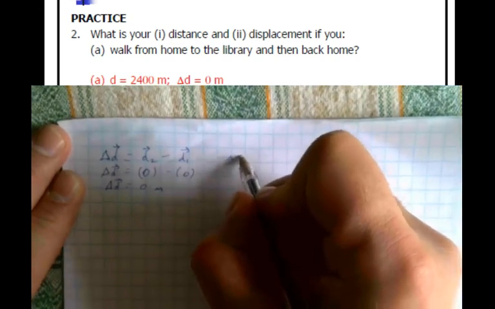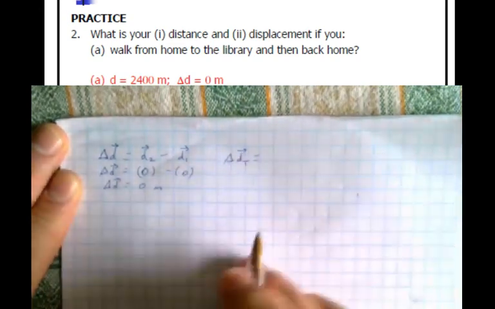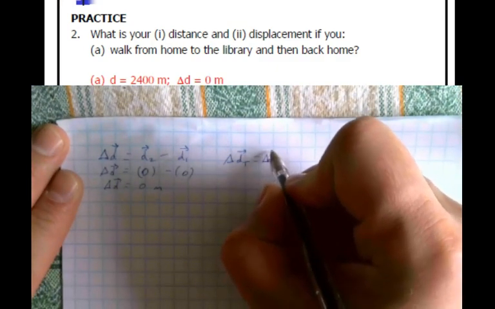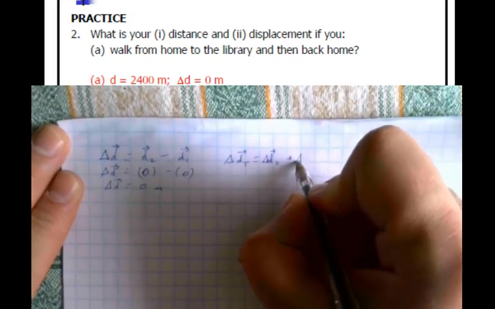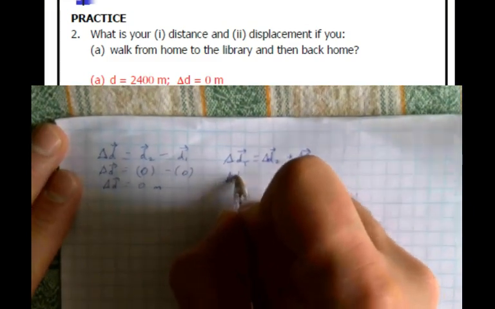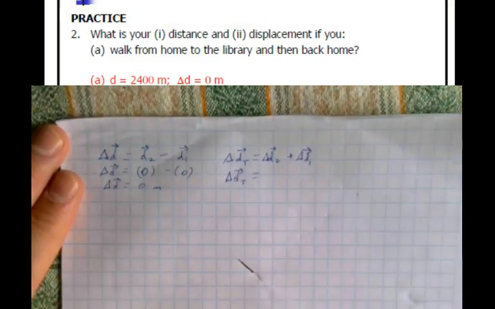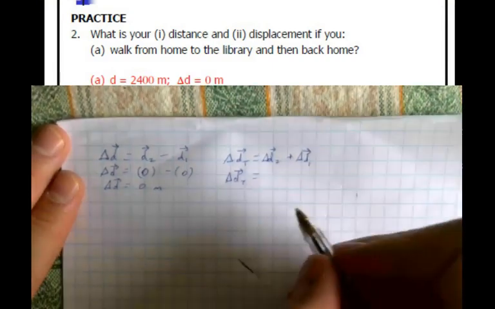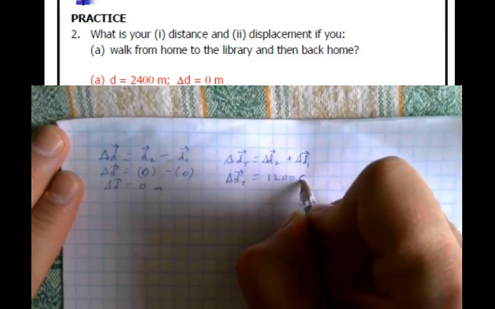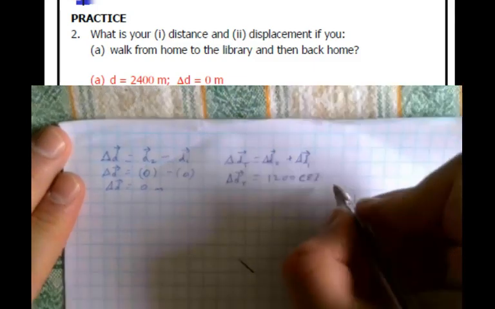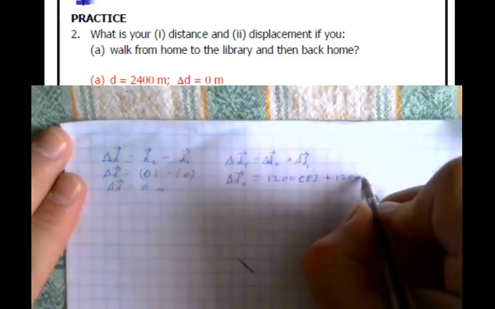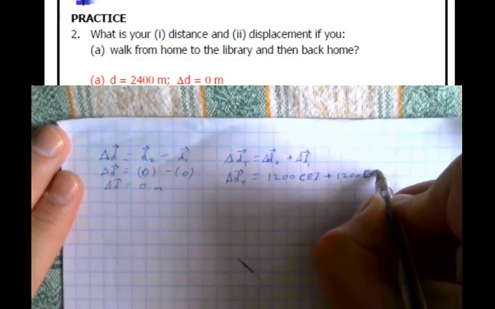Said differently, our total displacement, or our resultant displacement, is the sum of each individual displacement. So my displacements are the distance traveled to the library, which is equal to 1,200 meters, and I'll put the direction east, plus the distance traveled from the library back home, which is 1,200 meters west.